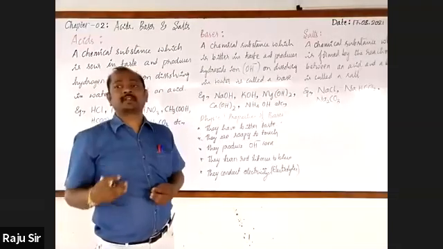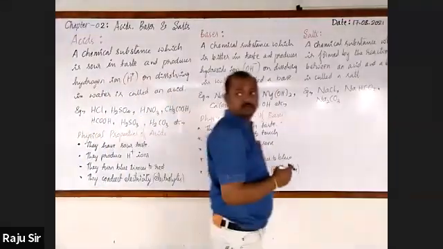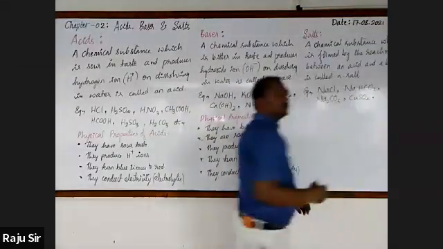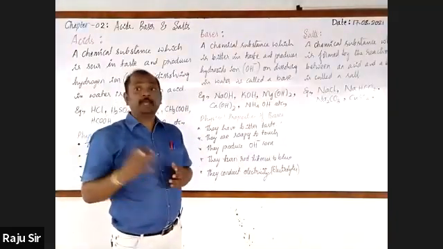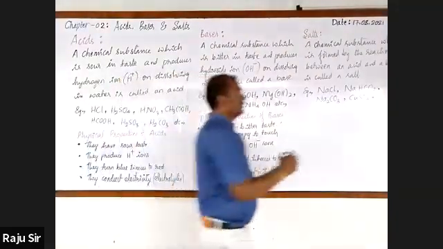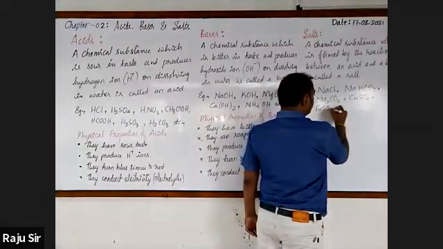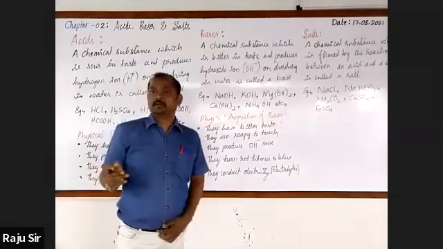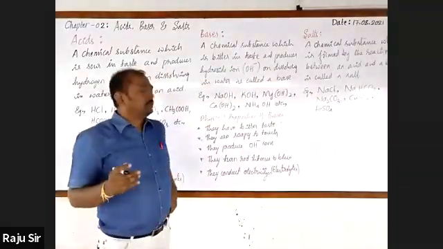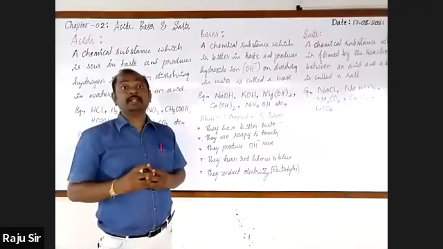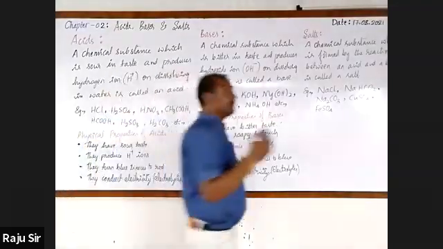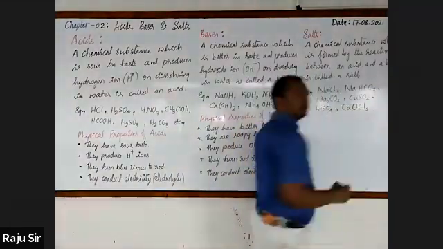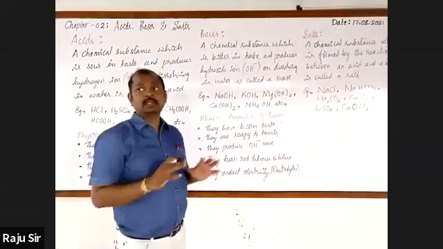The salt which is sky blue in color is copper sulfate, CuSO4. The salt which is pale green in color is ferrous sulfate, FeSO4. The salt commonly known as bleaching powder is calcium oxychloride, CaOCl2. Please do remember all this. These are the important salts.